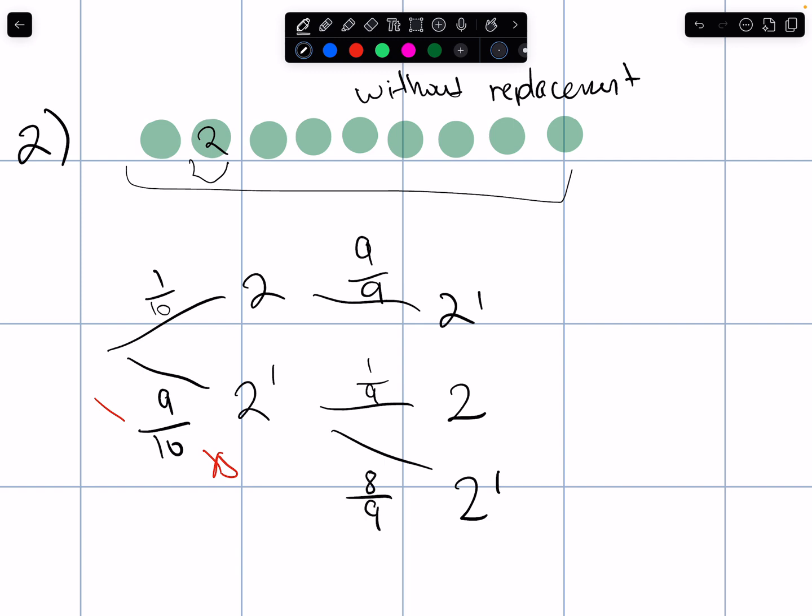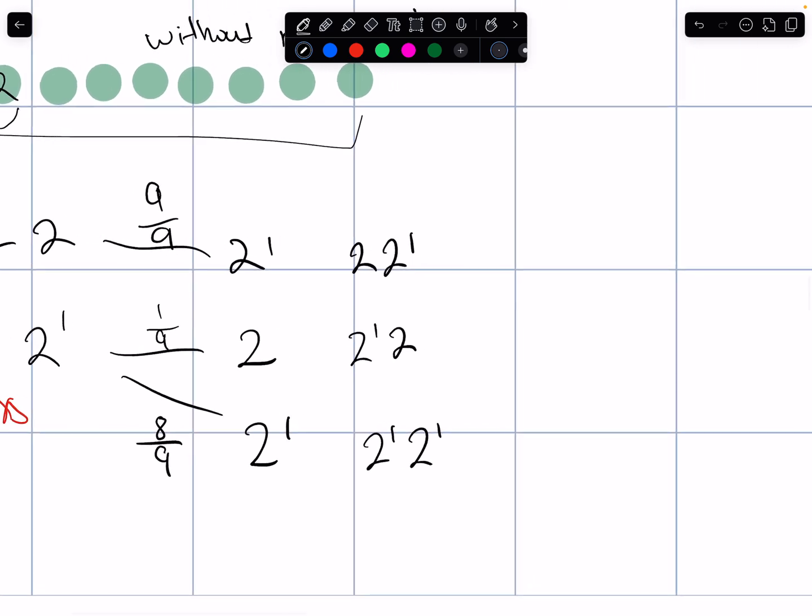Okay, so now we have a different set of results, right? We can either have chosen a 2 and then not a 2, or not a 2 and then a 2, or not 2 and then we've also chosen not 2 again. So let's have a look at what the probabilities of these are. I might even just do them in different colors, just for a bit of fun.